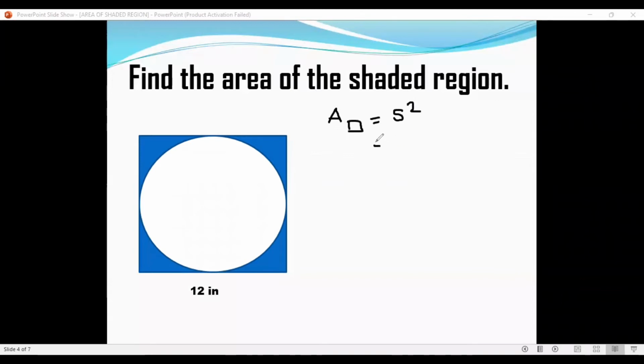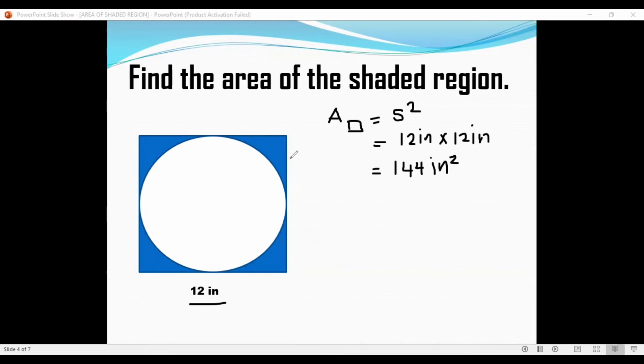Based on the given, our side is 12 inches. So we will simply have 12 inches multiplied by 12 inches. The answer we can solve mentally: 12 times 12 is 144 inches square or square inches.